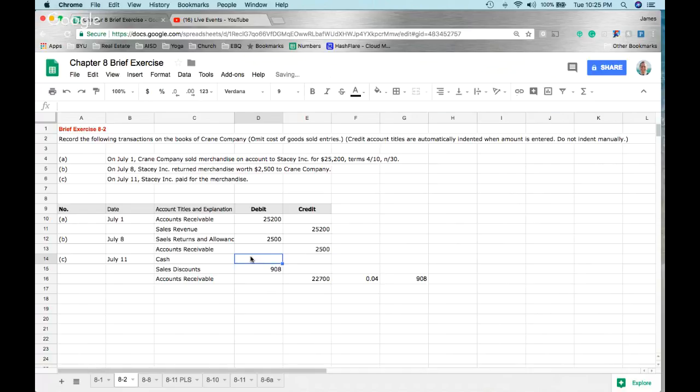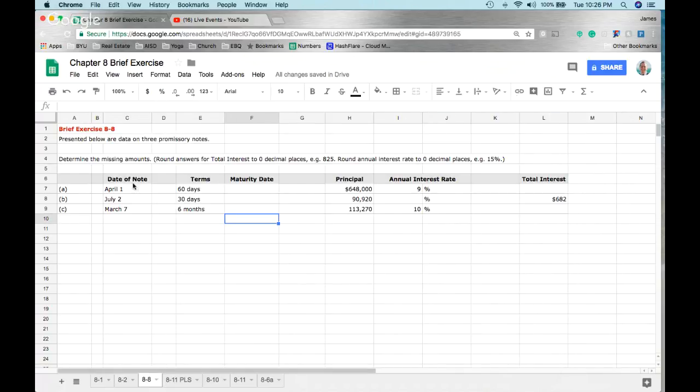And so the total cash we will receive is the accounts receivable minus the discount we gave them, which would be $21,792.